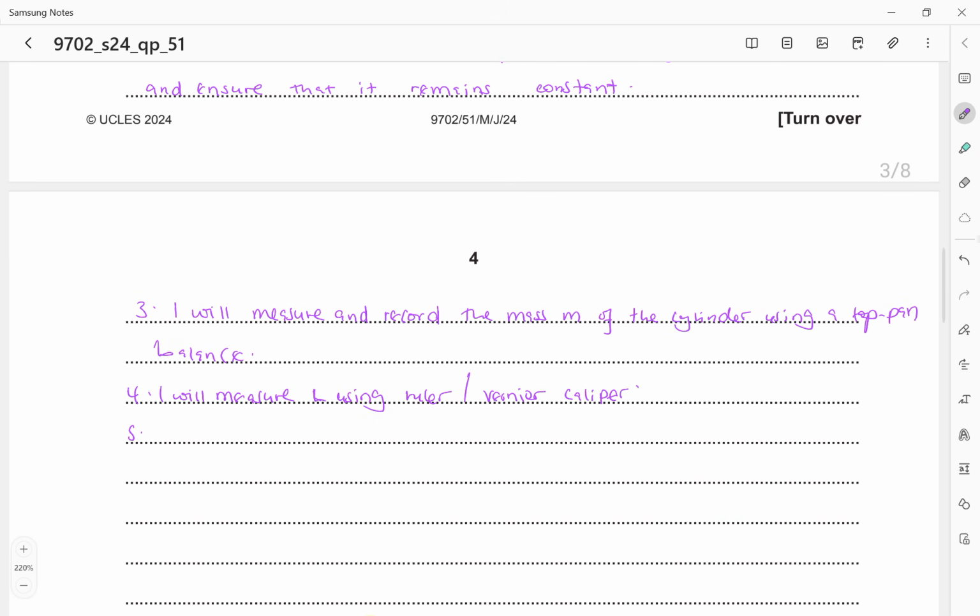Then number 5, I have to measure the diameter. So I'll measure the diameter D using a micrometer screw gauge.